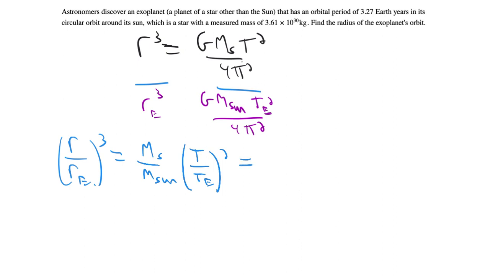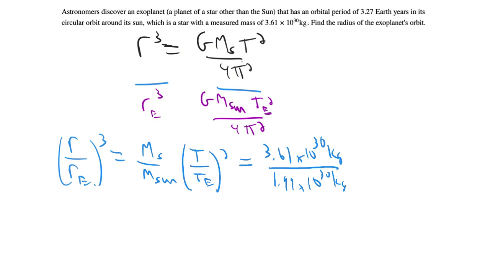And this we could say is 3.61 times 10 to the 30 kilograms over the mass of the Sun, which Google tells me is 1.99 times 10 to the 30 kilograms.